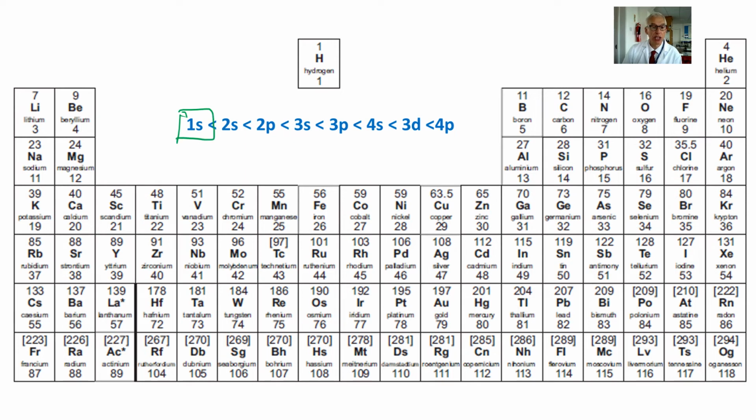Well, in the first period, look, there's 2 elements, so 1s2. Then we go on to the second period for element number 3, and there's a group of 2 elements, 3 and 4. So electrons 3 and 4 go into 2s. Then on the second period there's a group of 6.